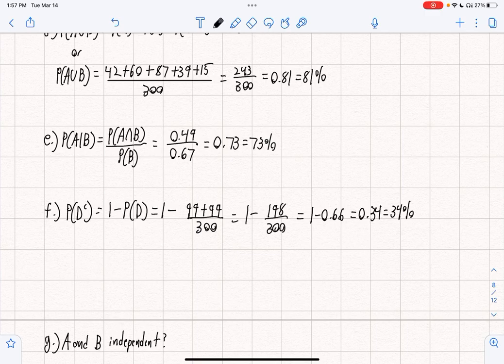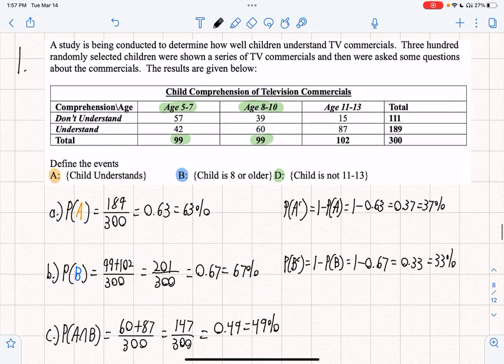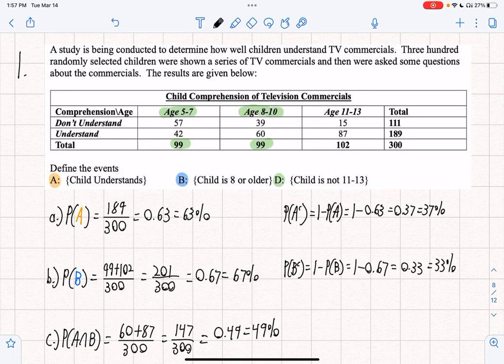Or it might make more sense here to just calculate this directly. So probability of D complement. If D is not 11 to 13, then not that would just be the child is 11 to 13, of which there are 102.